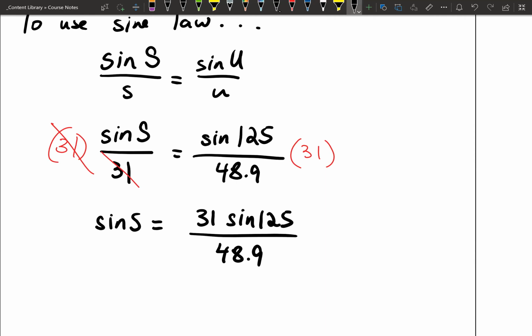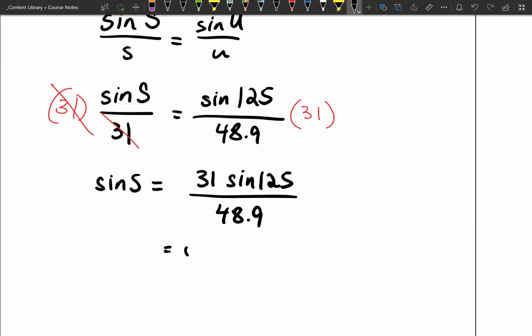Okay, so you take your calculator again, and you calculate that right side. So 31 times sine of 125, and you divide that by 48.9. And if you do it correctly, you should get an answer of, we'll do four decimals again, 0.5193.